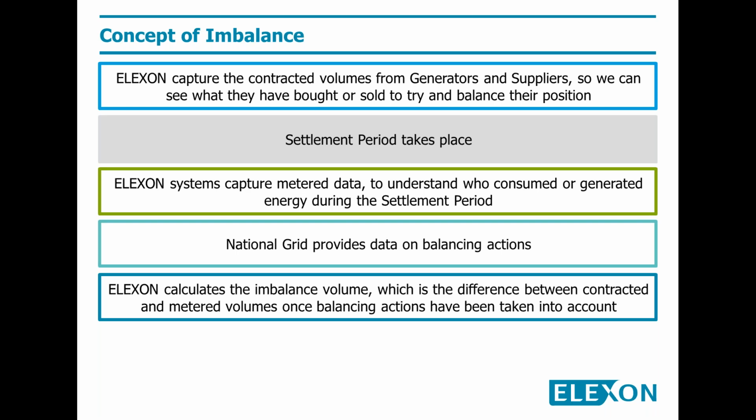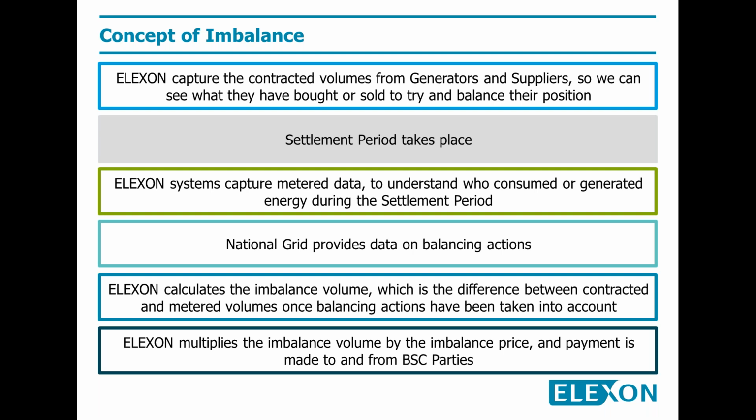And we calculate the imbalance volume as the difference between the contracted and metered volumes once National Grid's balancing actions have been taken into account. We then multiply the imbalance volume by the imbalance price, and depending whether that's a positive or negative value, we'll either make payments or receive payments from BSC parties.